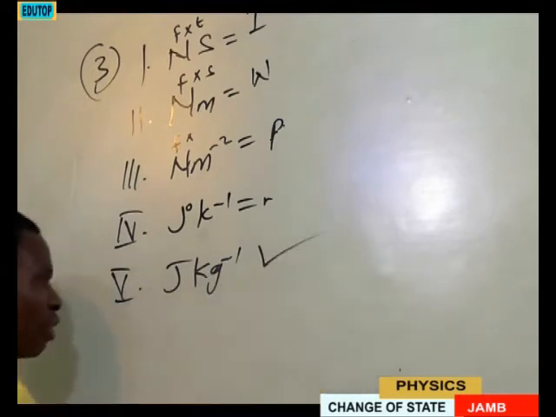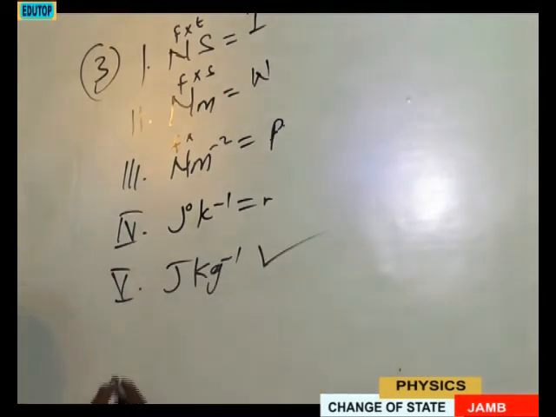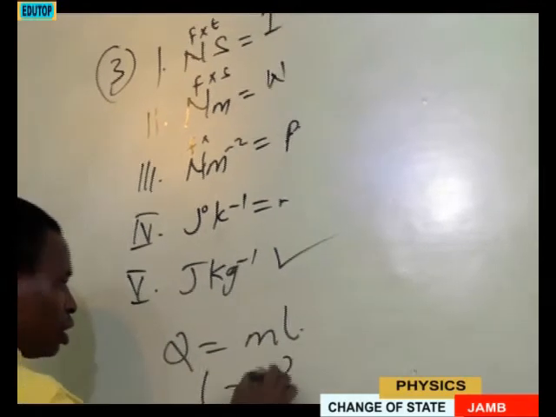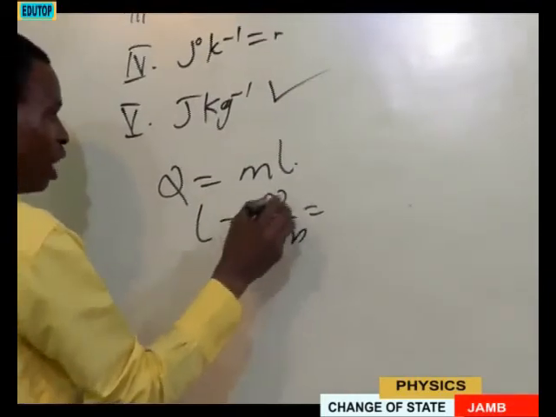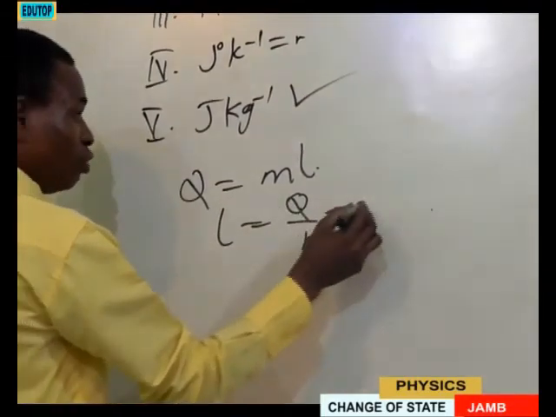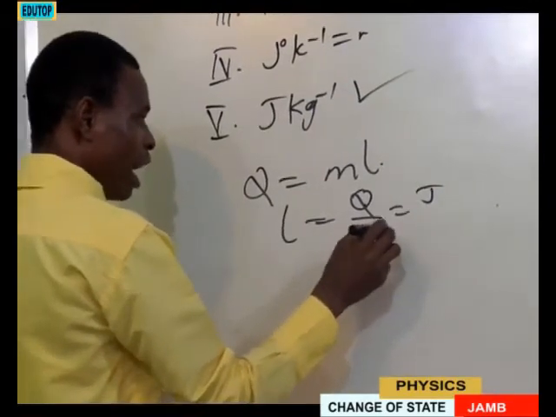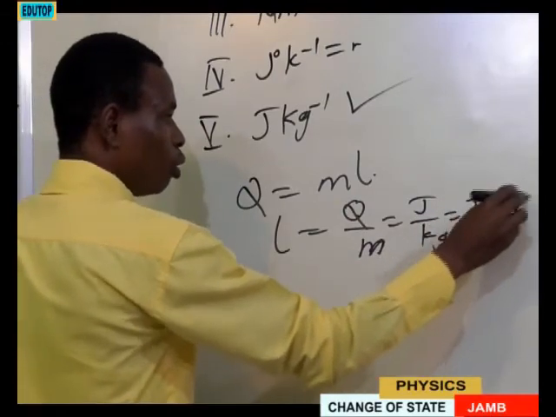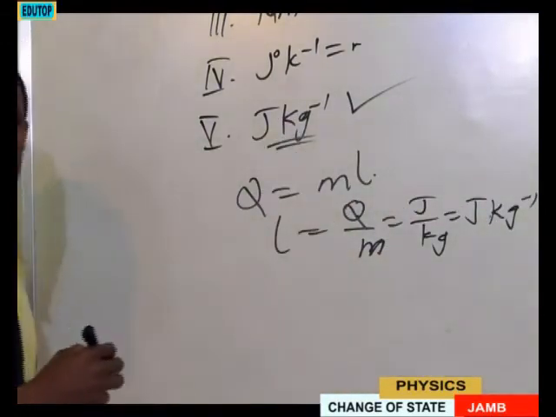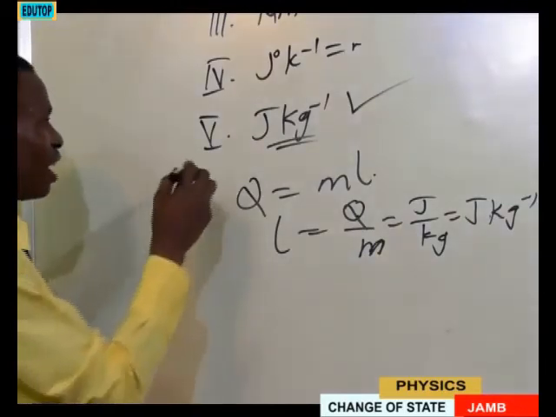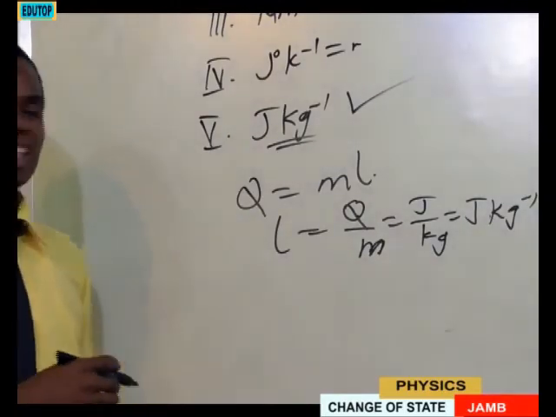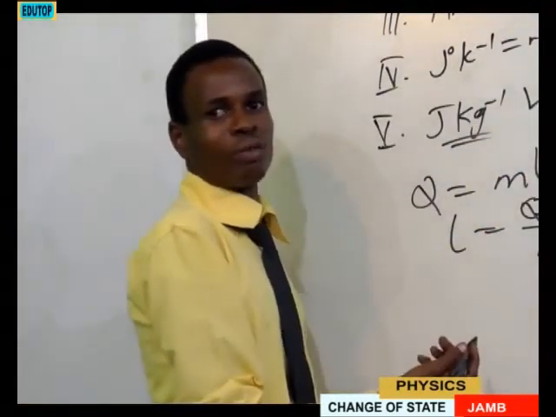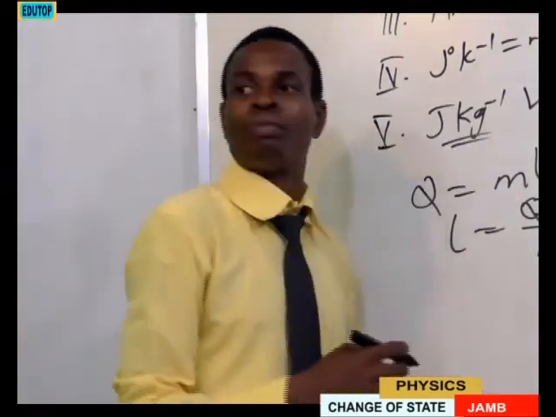This is the right answer for latent heat. Why? The quantity of heat is ML, so L is Q over M, where Q is heat in joules and M is mass in kilograms. Taken together, joule per kilogram is the right answer for latent heat, whether latent heat of fusion or of vaporization.